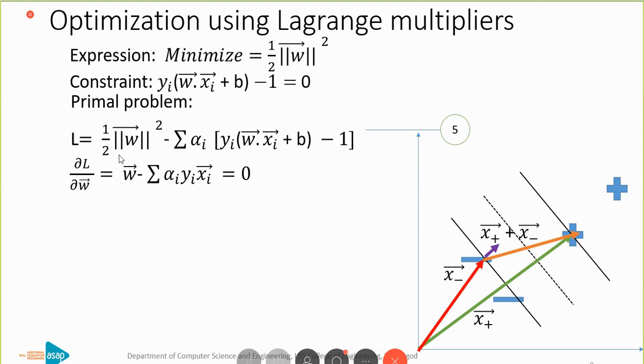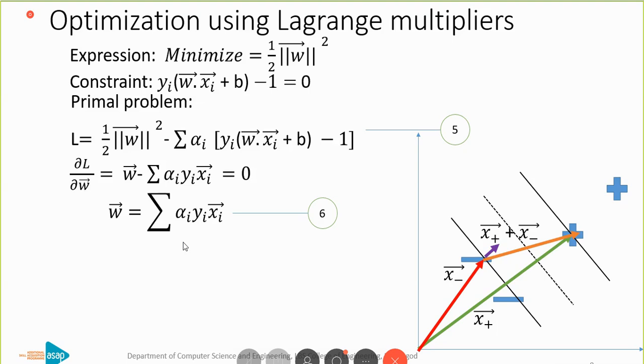So now you got the expression like this. Now your W is the summation of alpha i yi xi. What is that? It is the linear sum of all the samples multiplied with the Lagrange multiplier and the labels.